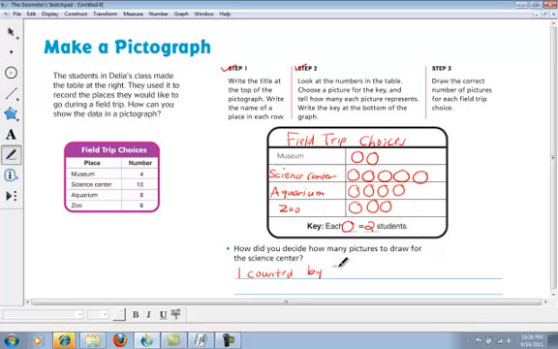I counted by 2s each time I drew a circle until I got to 10. All right, now it's your turn to make a pictograph.